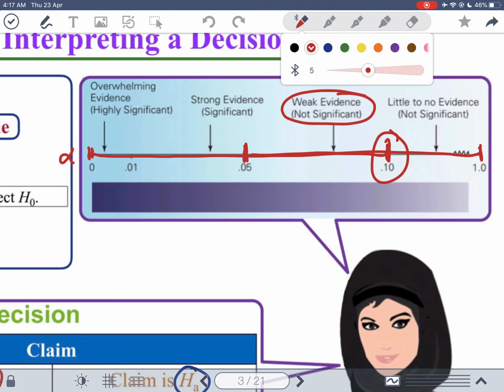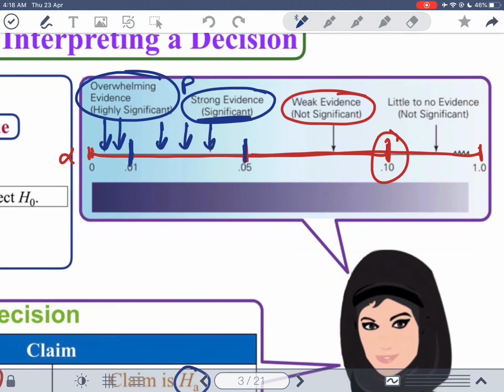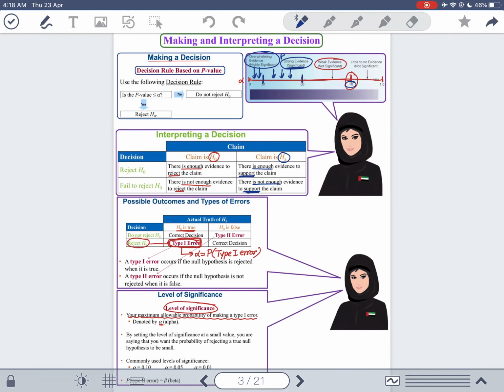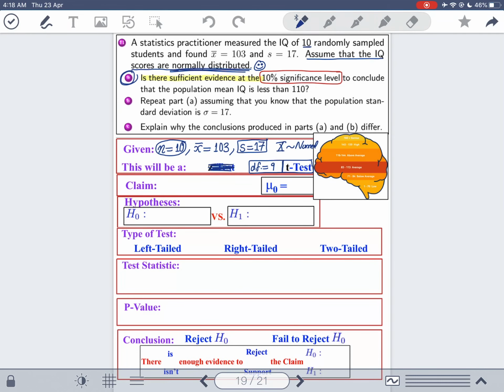Usually the best thing to do is to choose alpha 5% or 1%, and then you see where your p-value is. If your p-value is here or here or here, then strong evidence. If the p-value is here and alpha is 1%, then overwhelming evidence, highly significant. But for 10%, for this question, we're going to use it anyways. I'm just telling you that it's not a very good significance level.